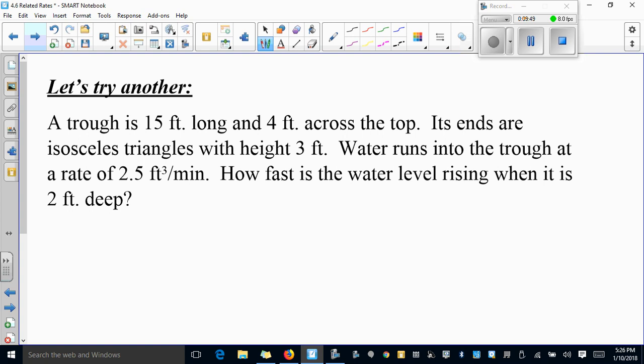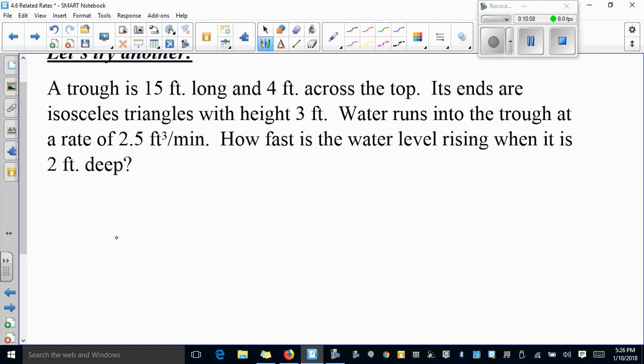So on this one, basically they're telling you that the ends of this trough are isosceles triangles. So you're going to draw in a triangle, and we'll send it down this way, this way, and this way. And you get a nice little cross here, and this thing is coming down this way, and then we have our angle this way.